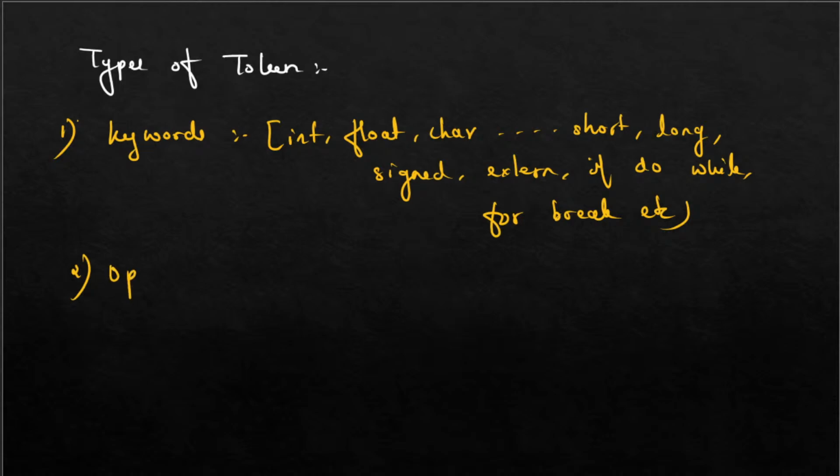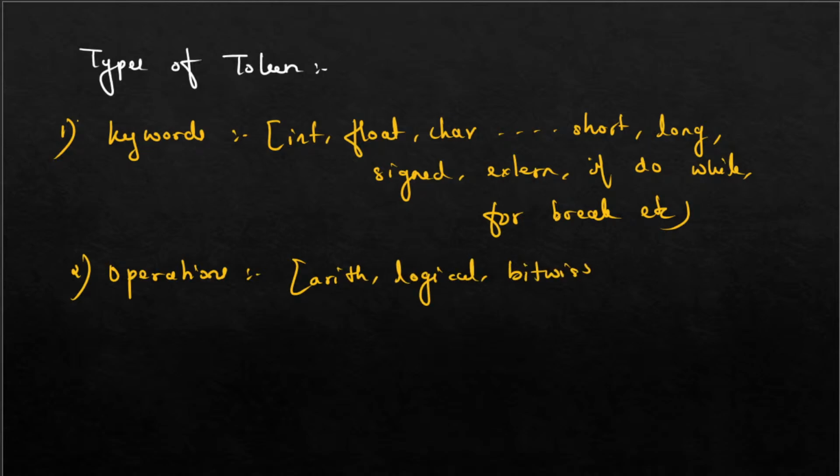Second is operators. So what are the operators? Arithmetic, logical, bitwise, relational. So these all are the operators and so on. Third is identifier.